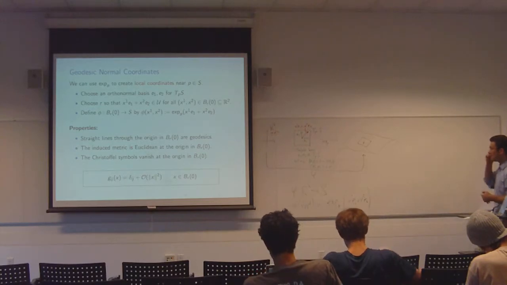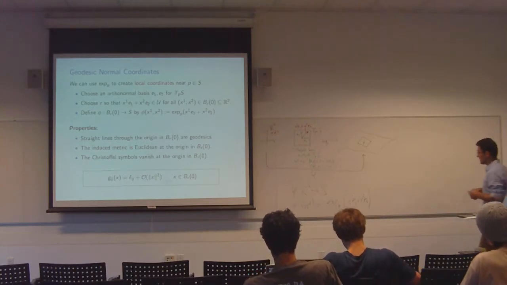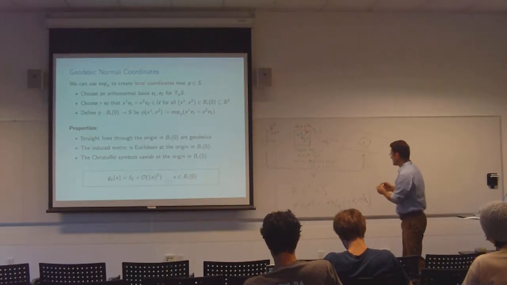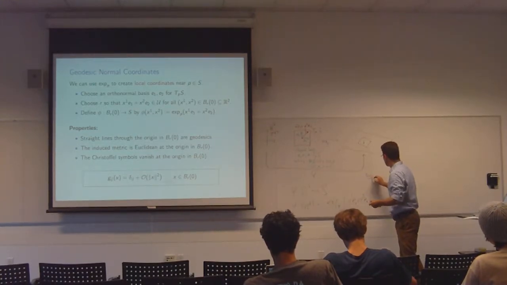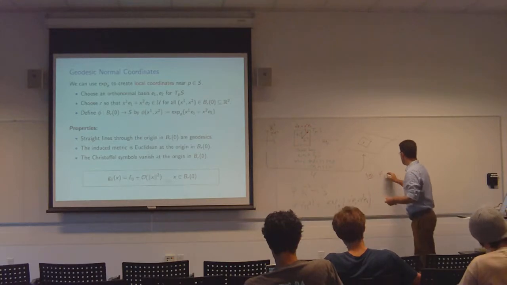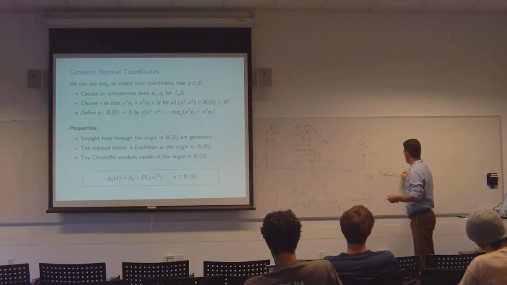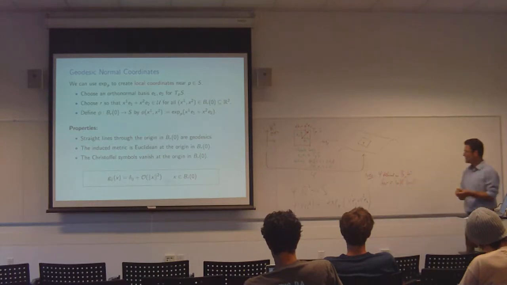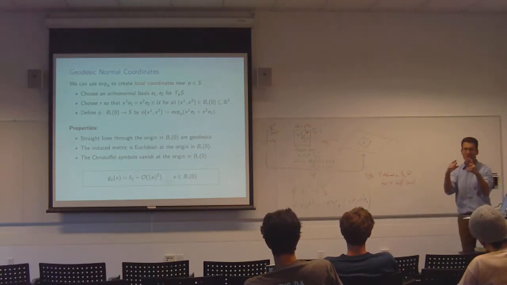Okay, so far, so good. Something to note, of course, is that phi is defined on a small ball. So this phi is not necessarily defined on the entire R2, it's defined on some small ball.